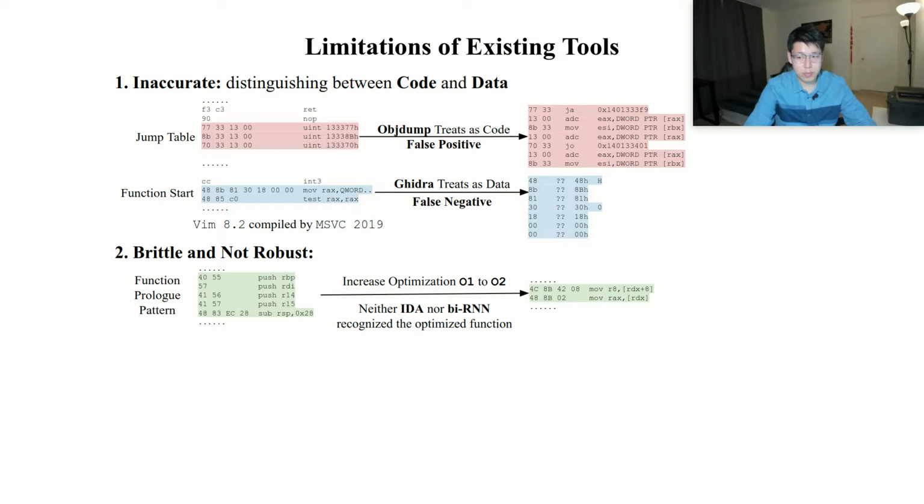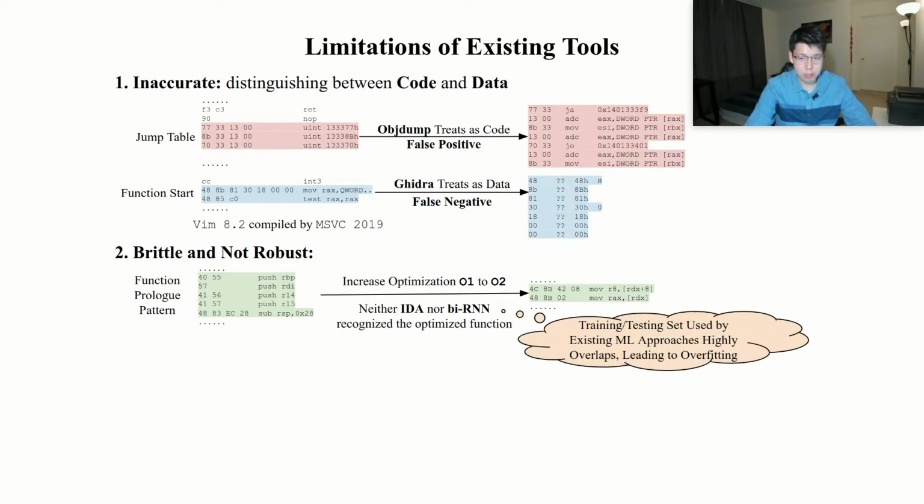As a result, both non-ML-based tools like IDA and ML-based tools like bidirectional RNN fail to recognize the optimized function. Moreover, it has been shown that the previous ML approaches are evaluated on highly overlapping training and testing sets, where their reported results might be due to overfitting.